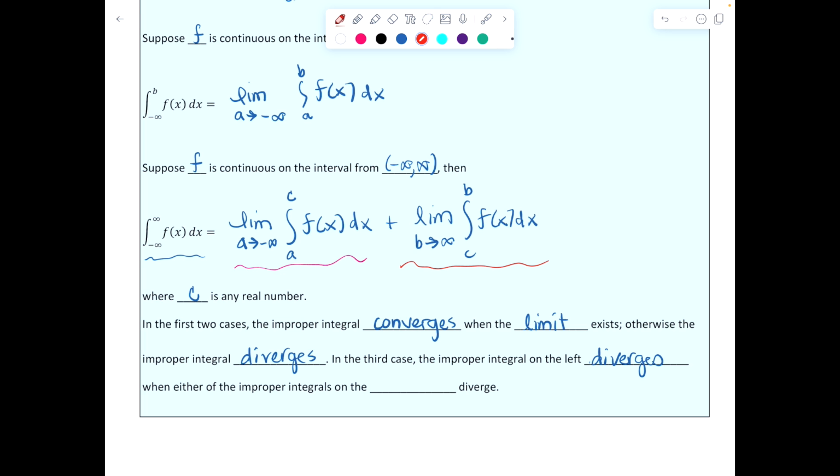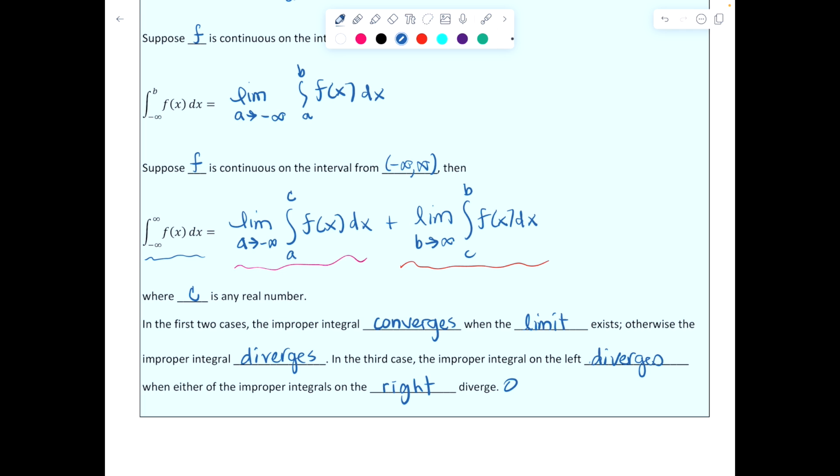You don't want to figure both of them out if one of them ends up diverging, because what happens is you end up with an indeterminate form. Okay, that's why this is important. And so if either one of the improper integrals on the right diverges, then the one on the left diverges.